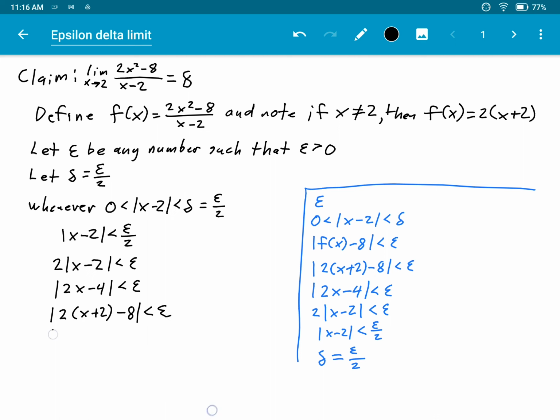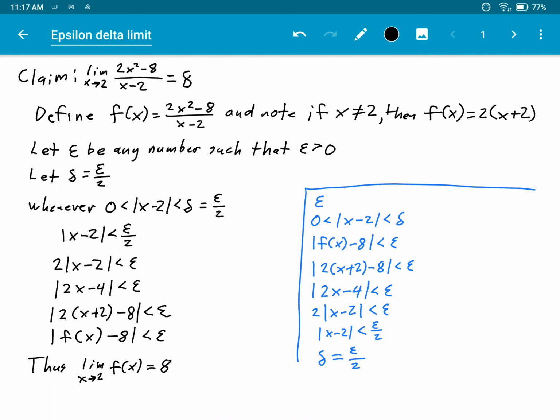So this is the absolute value of f of x minus 8 is less than epsilon. And 2 times x plus 2 isn't really f of x, but as long as x isn't equal to 2, which in this case it is not because 0 is less than the absolute value of x minus 2, then it is the same thing. So I'm getting the absolute value of f of x minus 8 is less than epsilon. But that's exactly what we needed to show that the limit as x approaches 2 of f of x is equal to 8.